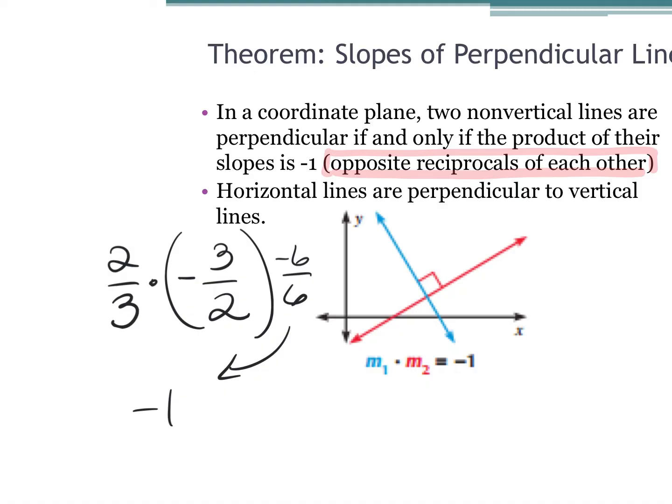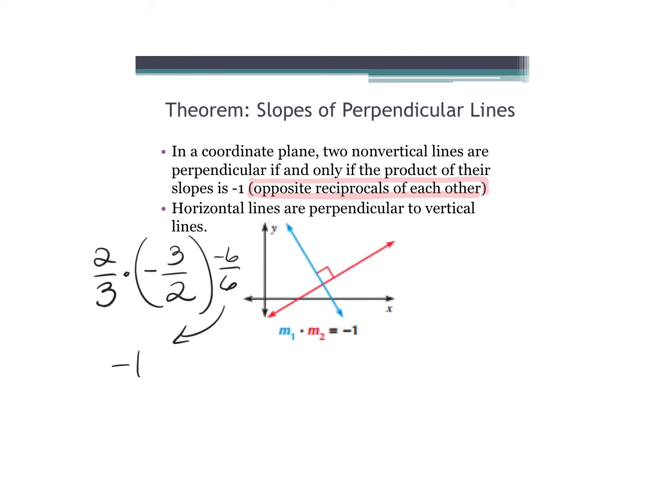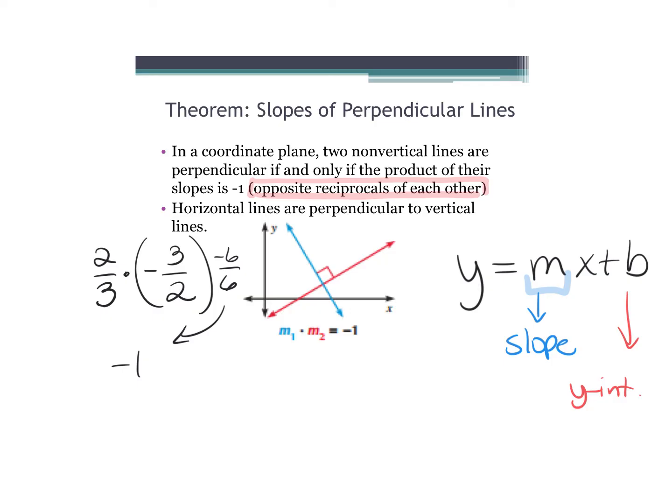Let me show you how you might see it, and this is going to be coming up with slope-intercept form. So you might have remembered this formula, y equals mx plus b. This is what we're going to be using in the notes and in the homework today. So the m, again, remember, this is the slope. The b, this is my y-intercept.